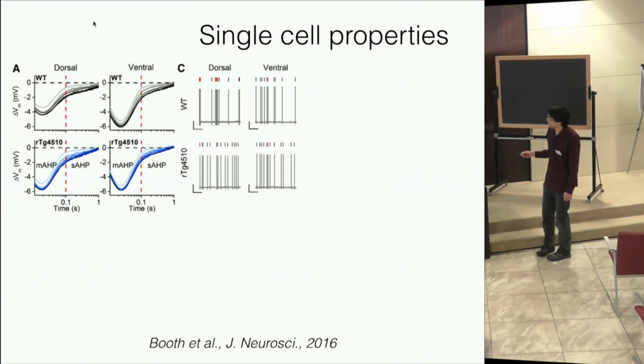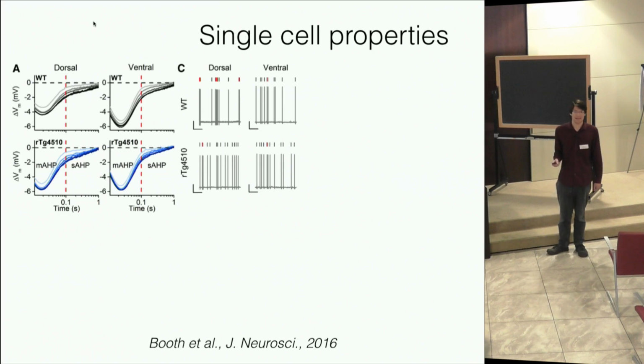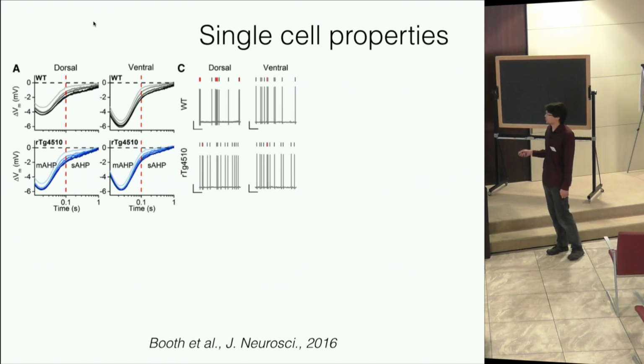And I said before that I was going to tell you a little bit about dementia. This particular study, done by collaborators in Exeter, was looking at a model called the TG4510, which is a model of dementia that involves little tau protein bundles that form inside the cells and mess up some of the intrinsic properties of the cells, but not the coupling.